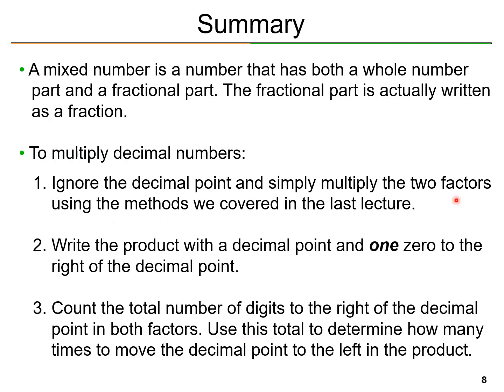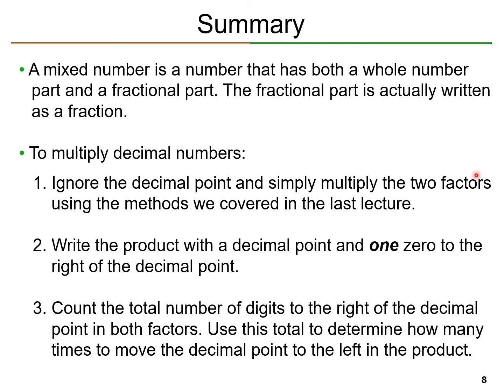Summary. A mixed number is a number that has both a whole number part and a fractional part. The fractional part is actually written as a fraction, as opposed to a decimal number, where it is written with digits to the right of the decimal point. So in decimal numbers, the part that's less than 1, the fractional part, is written to the right of the decimal point.